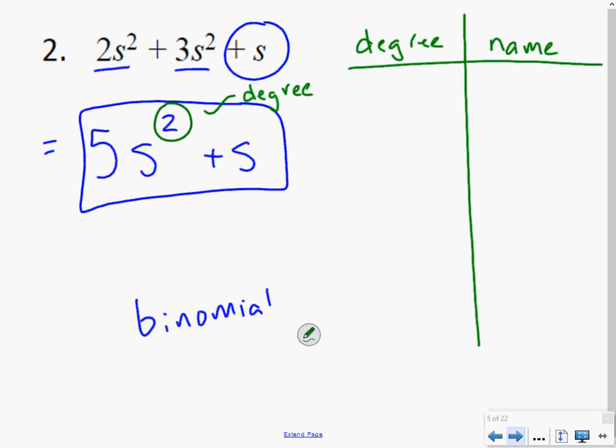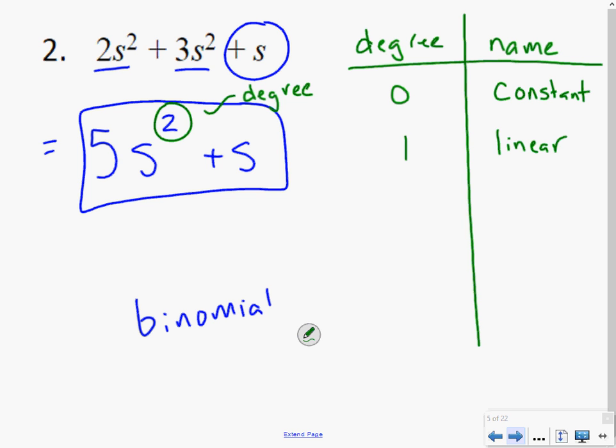If the degree is 0, that means my biggest exponent is 0. I would just have a number, like a polynomial that's just the number 5. If I have a degree of 0, we would call it a constant polynomial because it's just a single constant number. If the degree is 1, meaning my biggest exponent is 1, we would call it a linear polynomial.